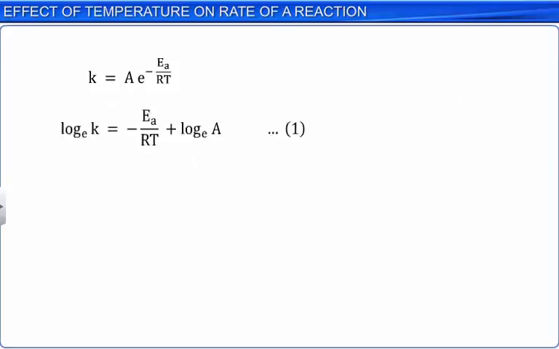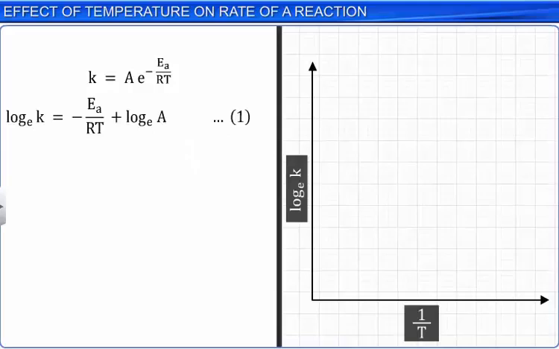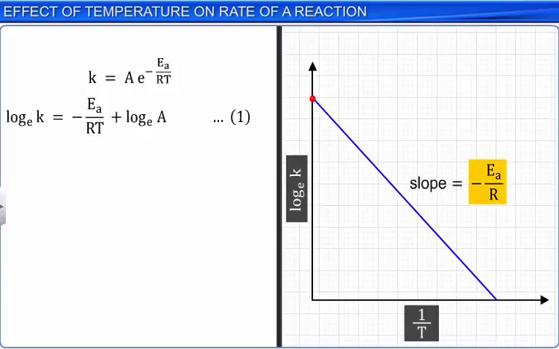If we plot log to the base e of K versus 1 by T on a graph, we get a straight line with slope minus EA by R, and the y-intercept as log to the base e of A. From the graph, we can see that as the temperature increases, the rate constant increases exponentially, and the activation energy decreases. As a result, the rate of reaction increases.